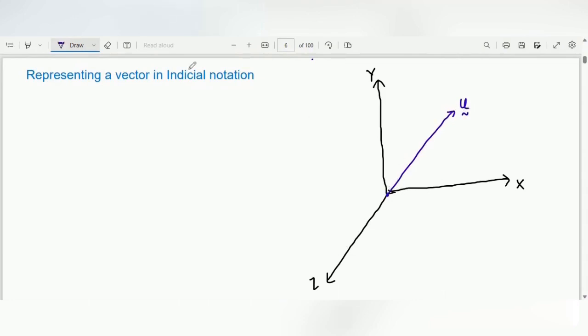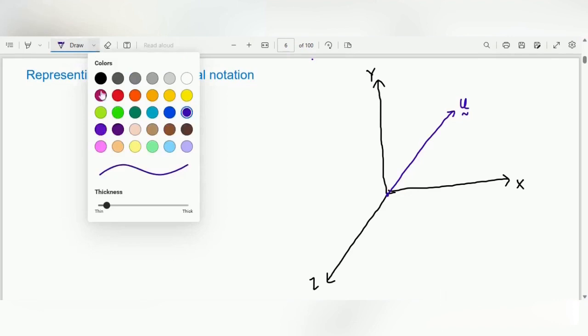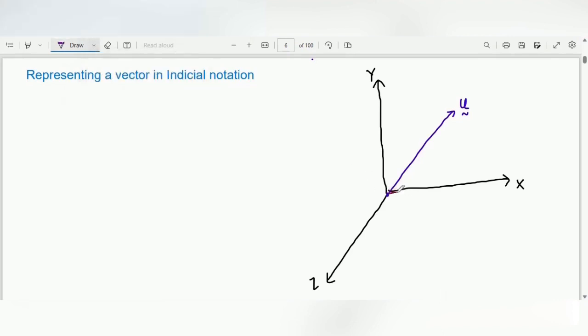Let us say the unit vectors are i vector, j vector, and k vector.